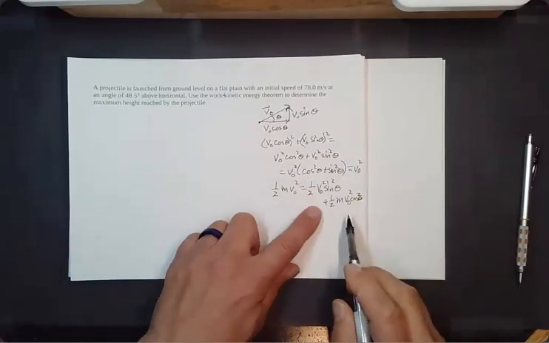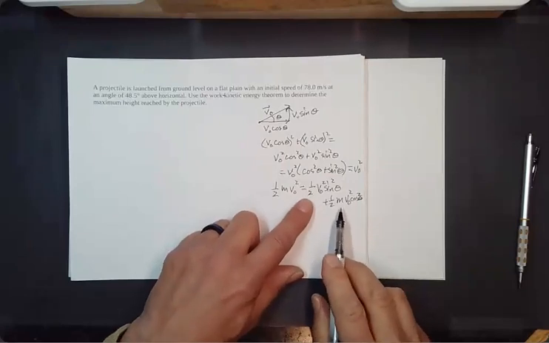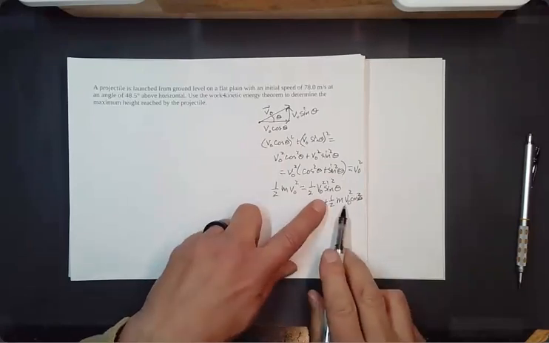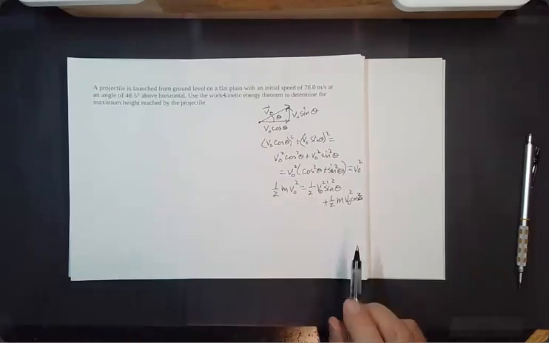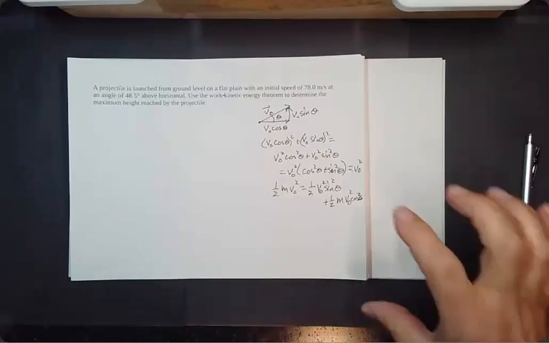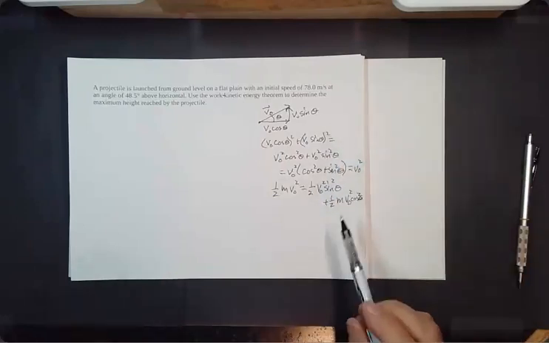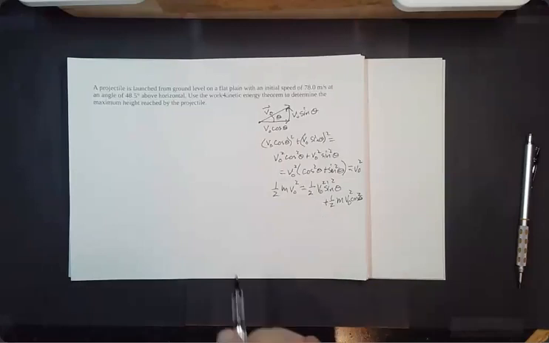Okay, and so you can divide that initial kinetic energy into two chunks, one of which represents the horizontal motion, the other represents the vertical motion. Now, of course, you can combine them back together, but that may help us solve this problem here.